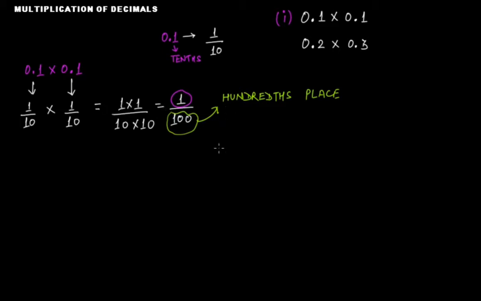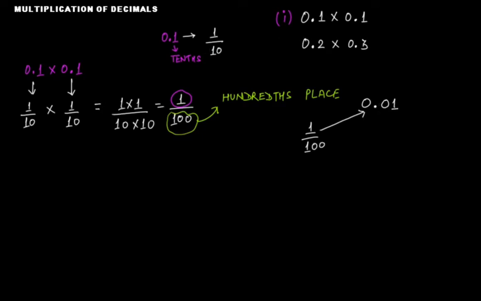That's why we write 0 there, because we don't have any digit at the tenths place, so we simply put 0 here. The 1 is at the hundredths place because this is 1 over 100. Therefore, this is actually 0.01.